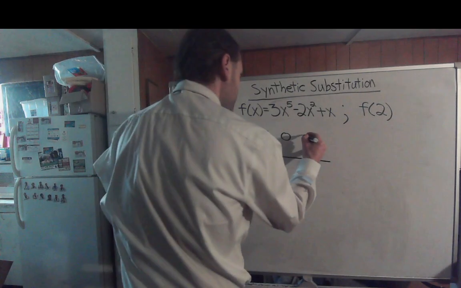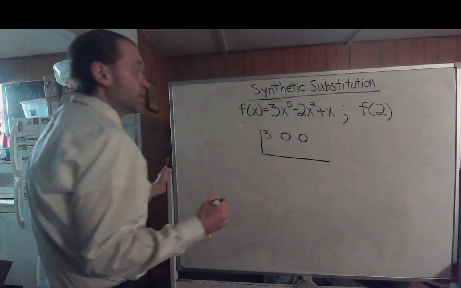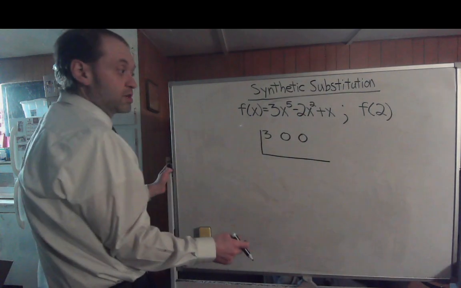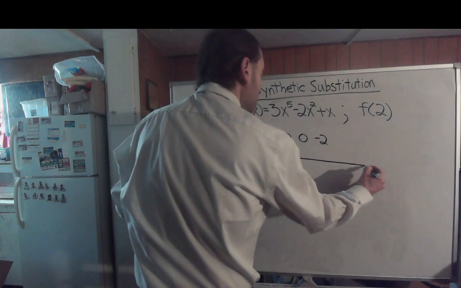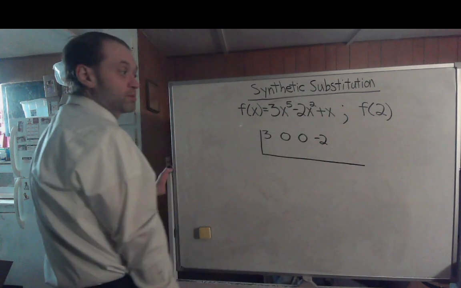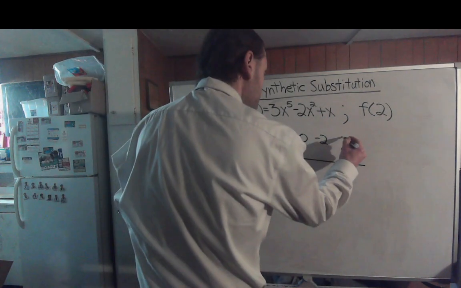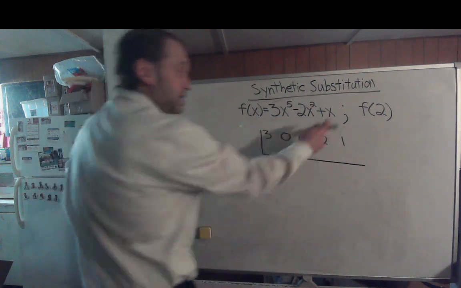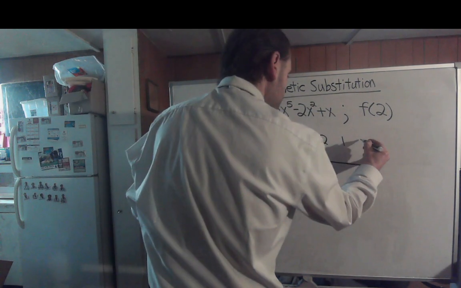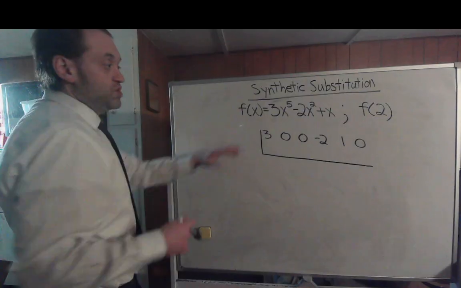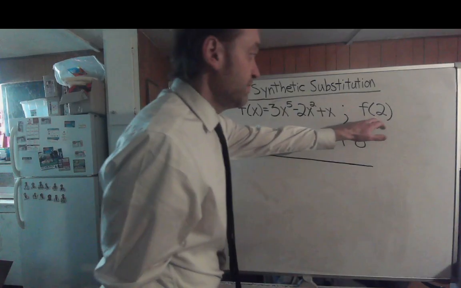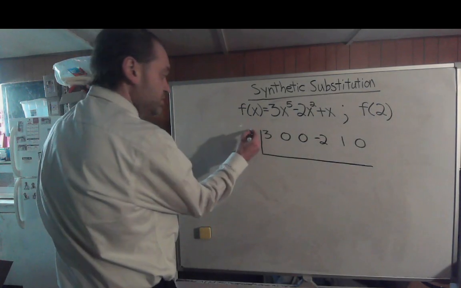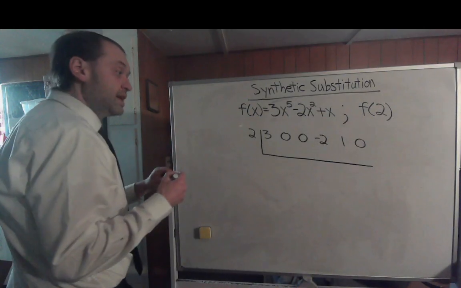The coefficient on x to the first is 1. And you have no constant term, so by default your constant term slot would be a 0. Then you take the value of x you're evaluating the function for. You'll put the 2 over here. All right, now you're all set.